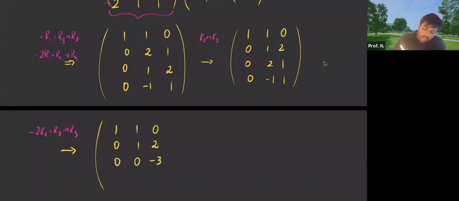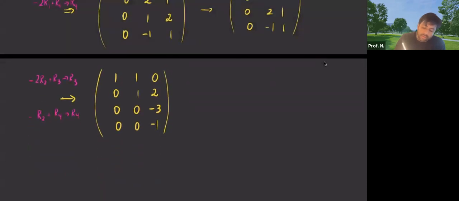And then here, you do R2 plus R4 into R4. So when you add that, you get 0 here. And then you get 1. Sorry, you get negative 1. And so what happens when you continue with this?